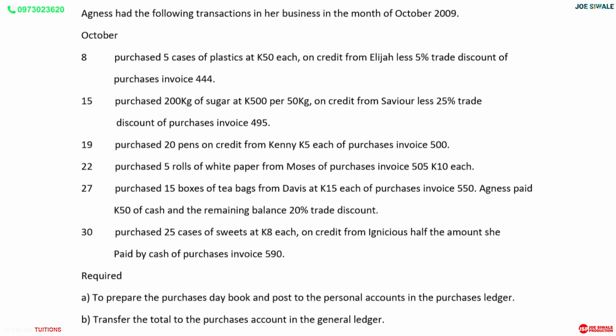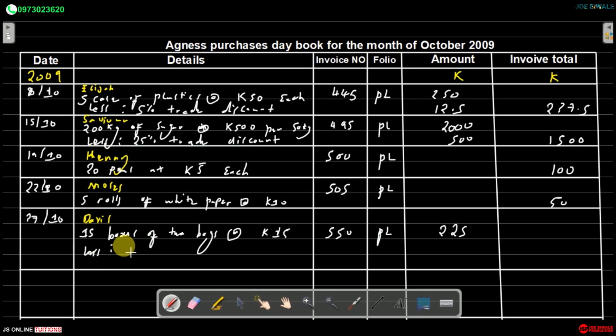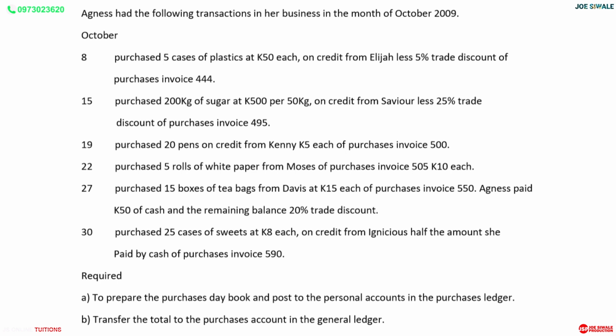Agnes paid 50 kwacha of cash and the remaining balance 20% trade discount. So there we can say less cash purchases of 50 kwacha, and the answer that I'm having is 175. So the question proceeds.